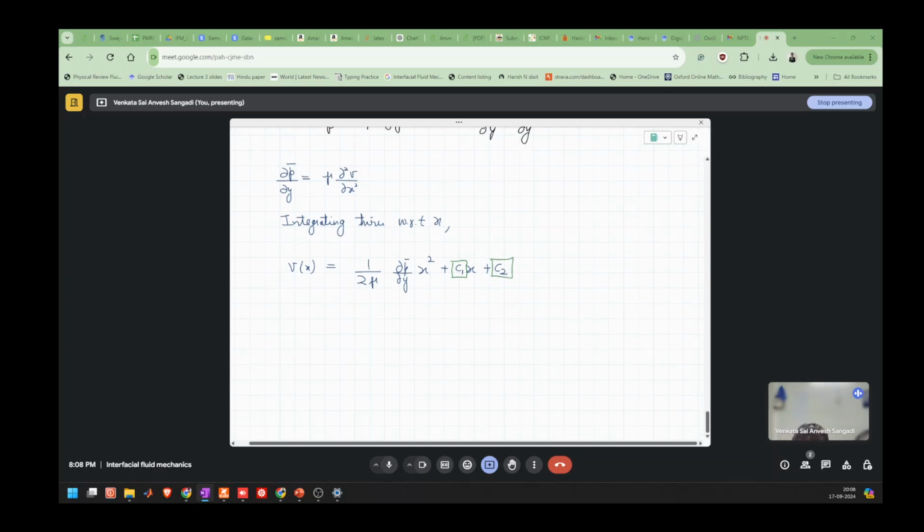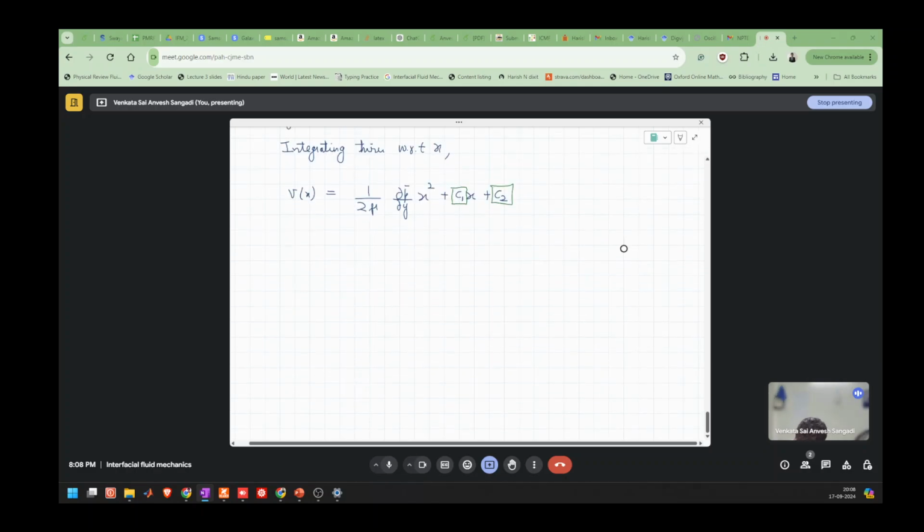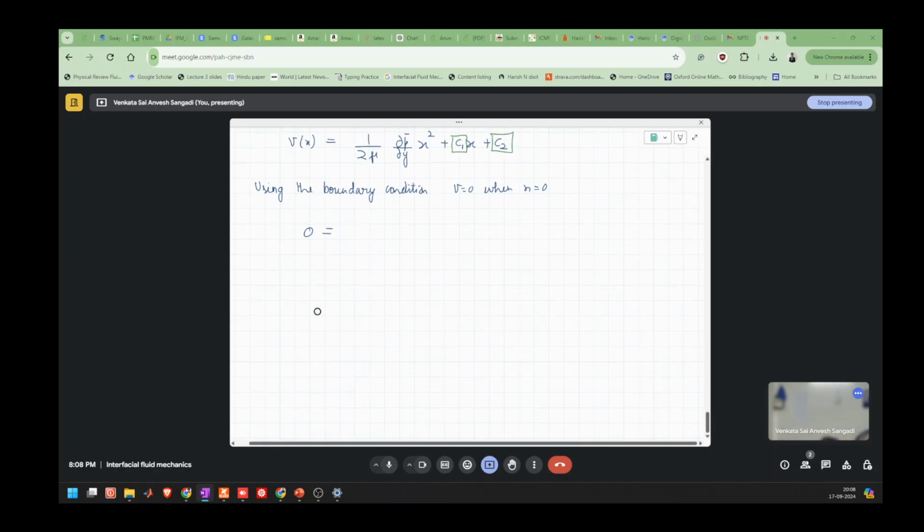So we need to find the two constants by using the boundary conditions. v equal to 0 when x equal to 0 gives 0 is equal to 0 plus 0 c1 plus c2. This implies c2 is equal to 0.